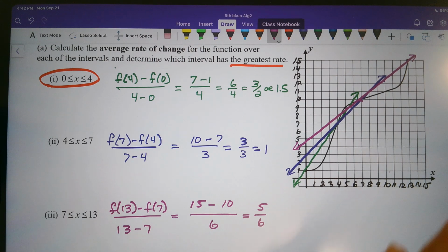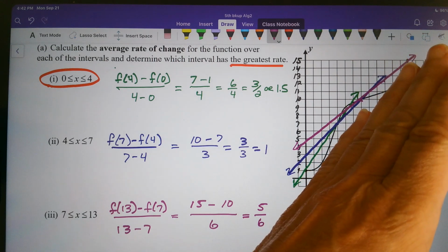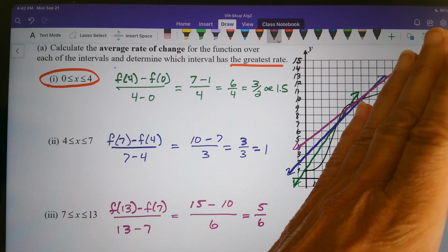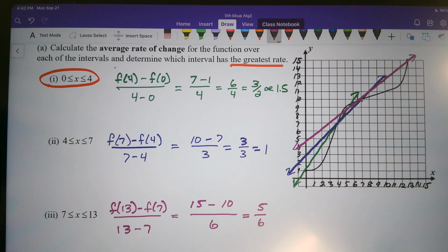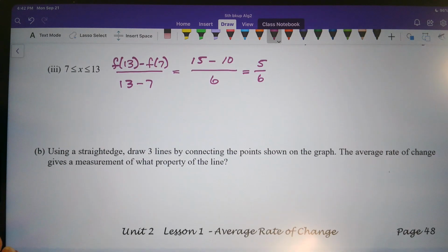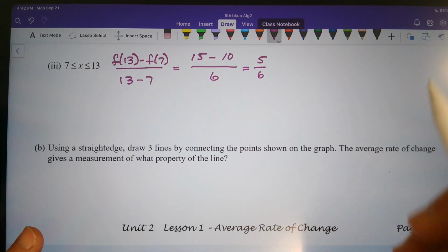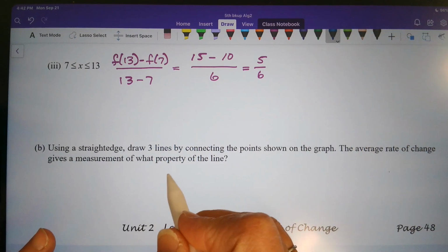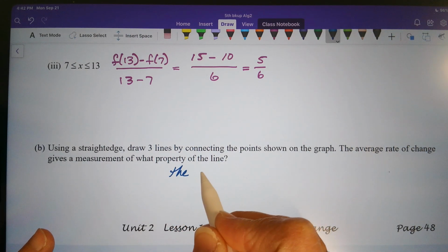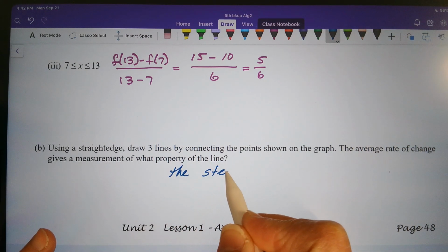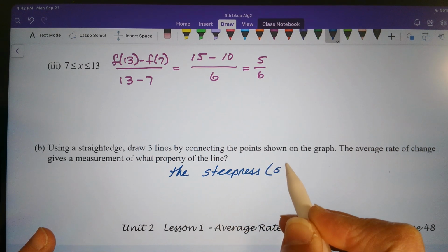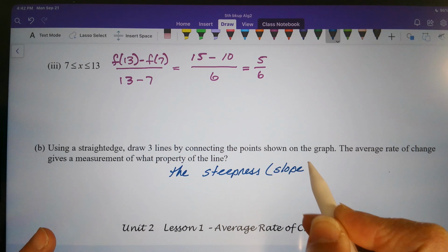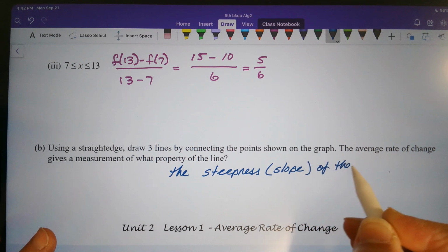And you can see that the green one has the steepest slope. So it's the one that's changing the fastest. So the average rate of change gives a measure of what property of the line? The steepness, or slope, of the line.